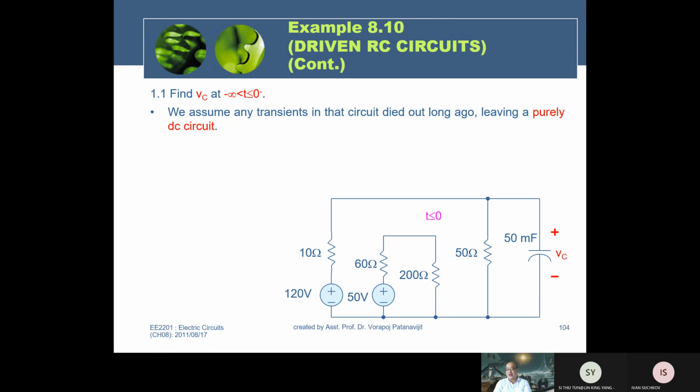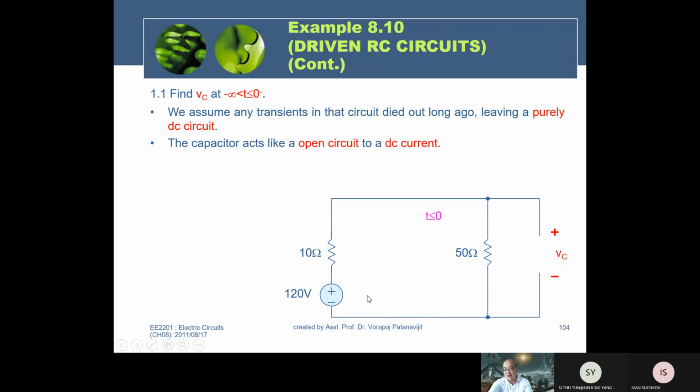We assume any transient in the circuit died long ago, leaving a pure DC circuit, and the capacitor acts like an open circuit to the DC source. This part will be eliminated, you can erase it.